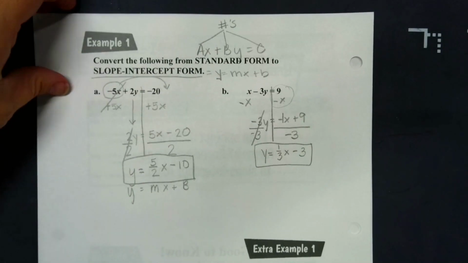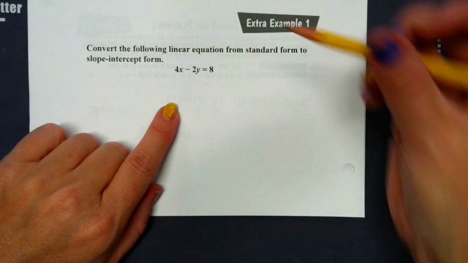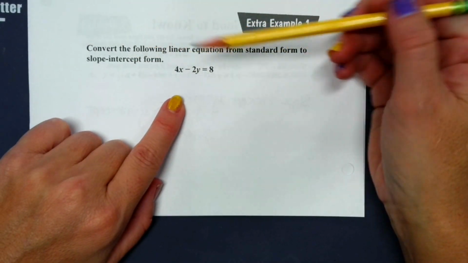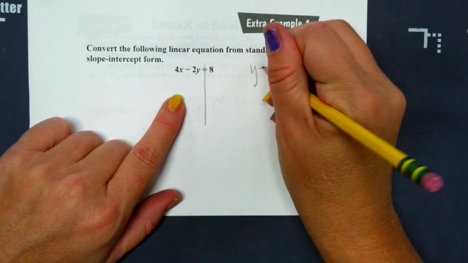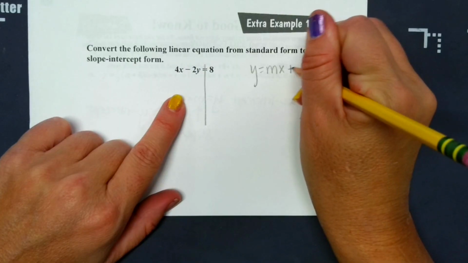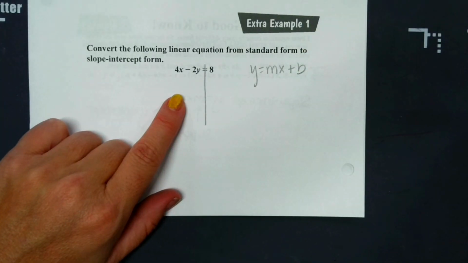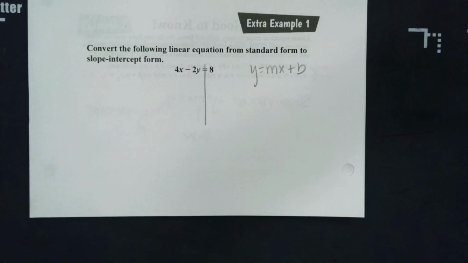All right. We're going to pause the video here. I want you guys to try this one. You're going to try converting this into y equals mx plus b. All right, go ahead and pause the video here.